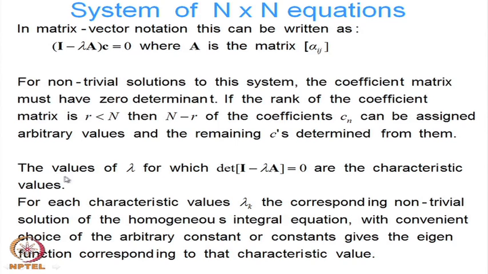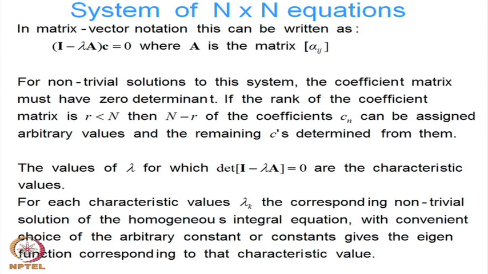So, the values of lambda for which this determinant I minus lambda A, this coefficient matrix, becomes 0, are the characteristic values, and for each of those characteristic values, the corresponding non-trivial C vector, the non-trivial solution of this system, will give us the eigenfunctions.